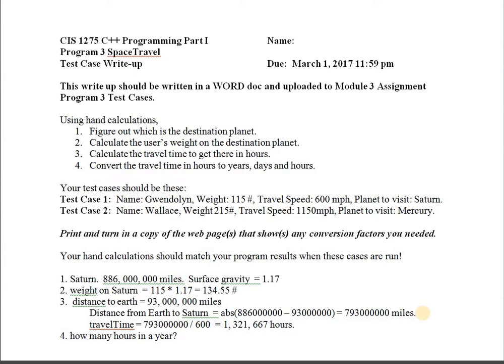Well, we know that there are 365 days in a year and 24 hours in a day. And that equals 8,760 hours in a year. So this is a constant, so let's make it a constant.